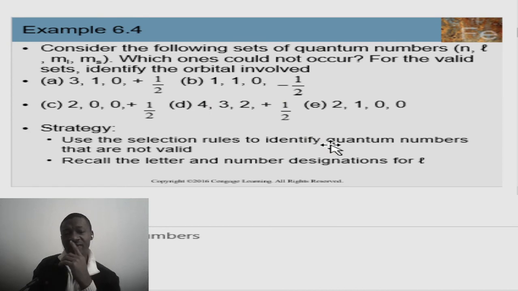So now we have an example that we're going to observe to see which is a valid set or a set that doesn't exist. Once you have some set of values, you can tell when the numbers are off. Like, take for example, we're in 2020.